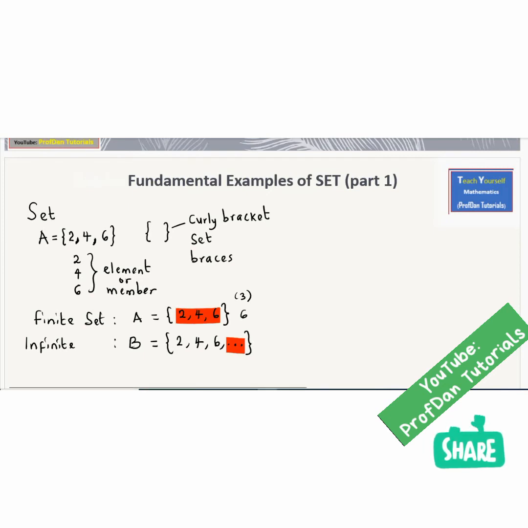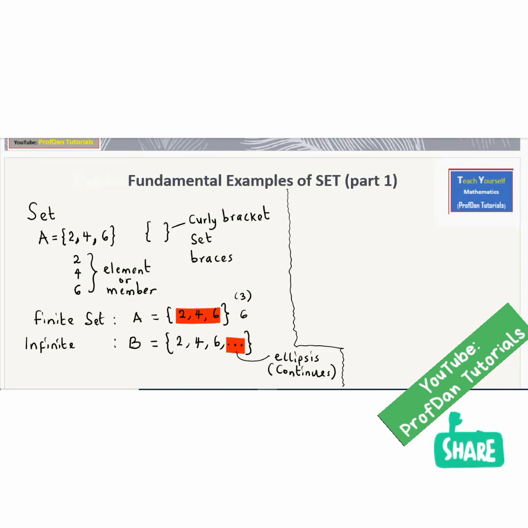These 3 dots are what we call an ellipsis, which simply means it continues. So when you have this type, it is referred to as an infinite set. If you follow through, I'm sure you're going to understand what we are doing.